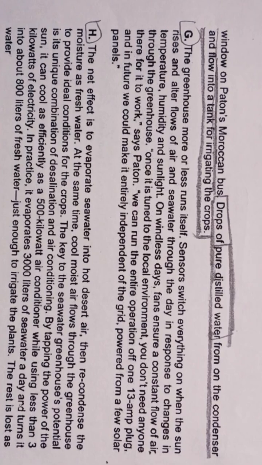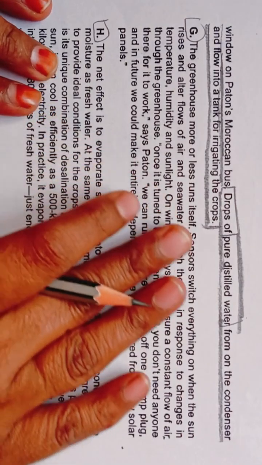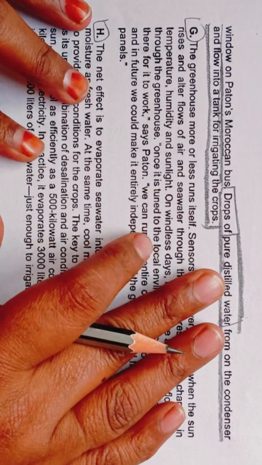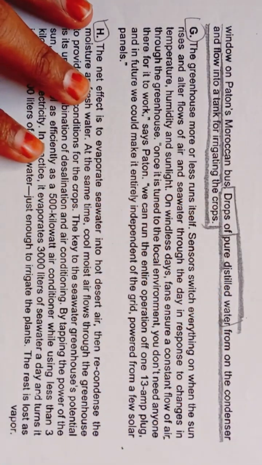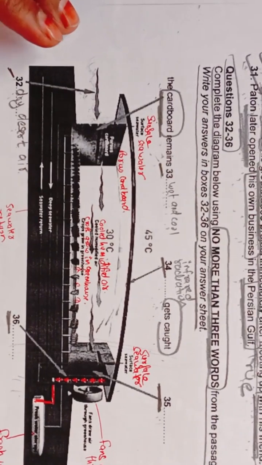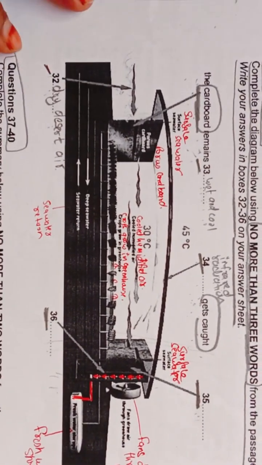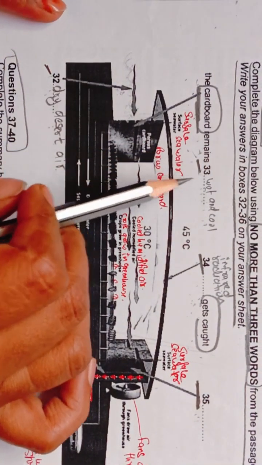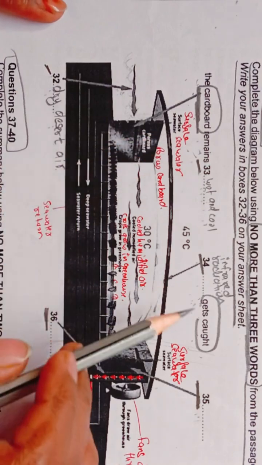So now let's see whether we are getting our answer or not. So in the diagram what they are asking. We have completed 32, 33 and 34.